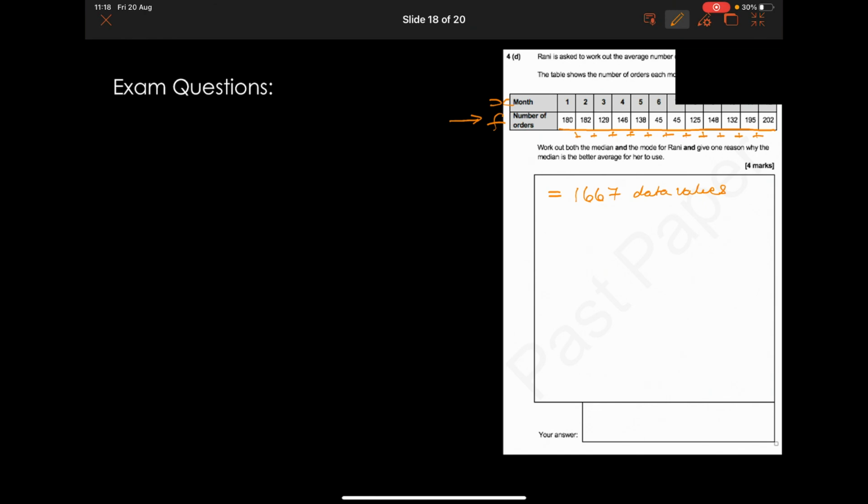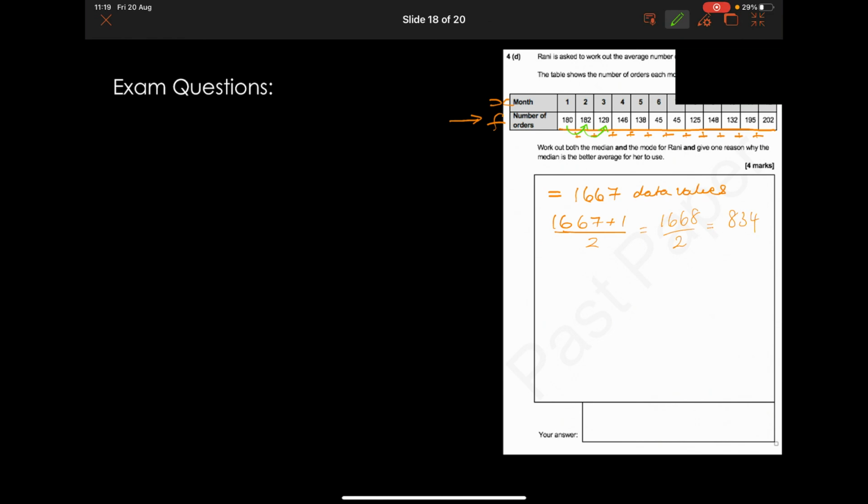Okay, now remember, when we find the median of something like this, what we do is we add 1 to it and then we divide it by 2 to find out which box it would be in. So if I did 1,668 divided by 2, it gives me 834. So what I need to do is start from 1 and add the next value on until I get to 834 or somewhere where it's going to fall.